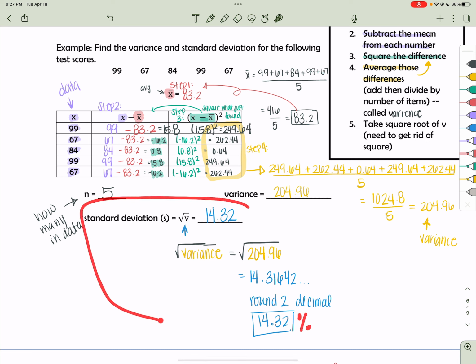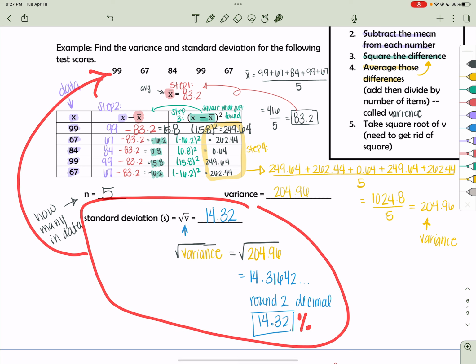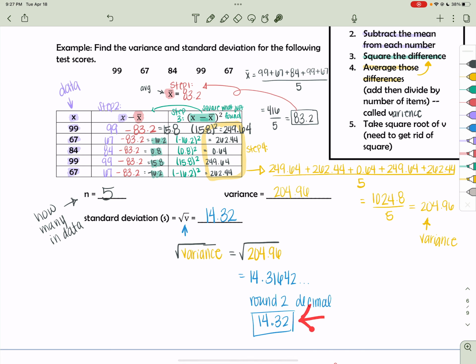So we really look at the standard deviation as a whole just because the units match my data. And so what this says is that the data is not horribly spread out, because a bigger variance would say a bigger spread of data.